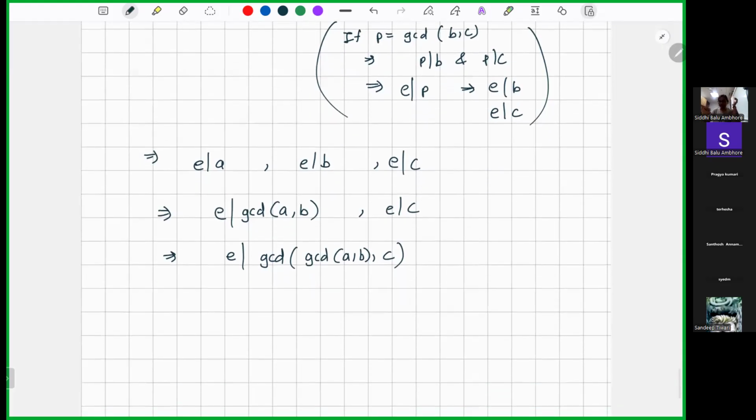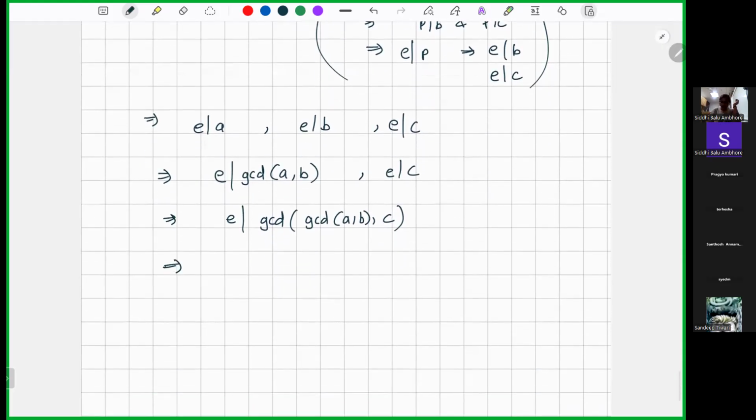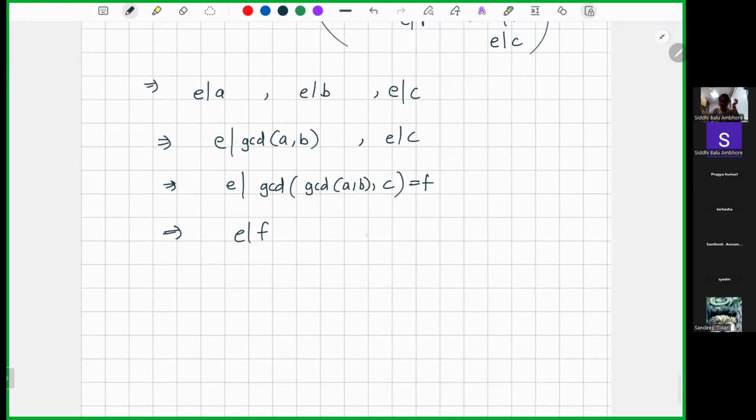Okay, so I hope you understand that. And this is what my F is. So E divides F, and the moment I have this, it implies that F is greater than or equal to E.